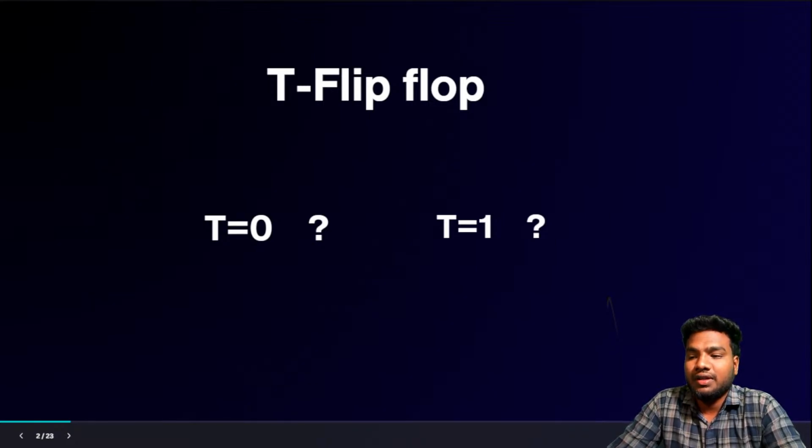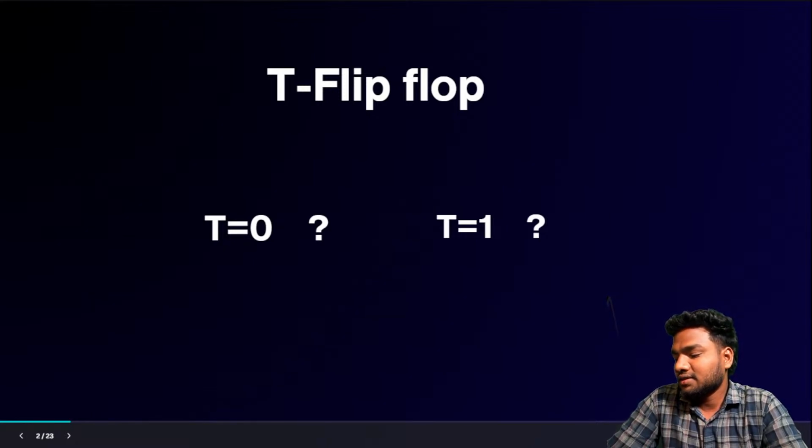So there is a condition: T is the input, if it's 0 it will do something, and if it is 1 it will do something. If you know, just try to answer in the chat box, or else I will say the answer.